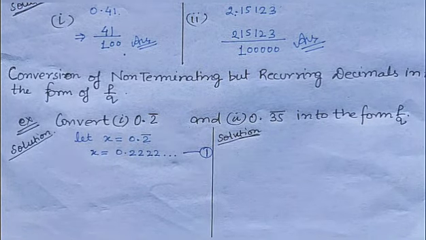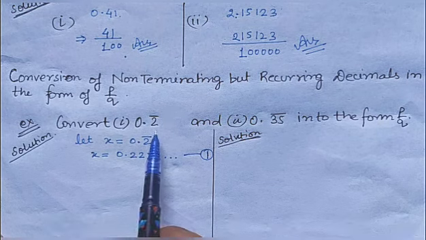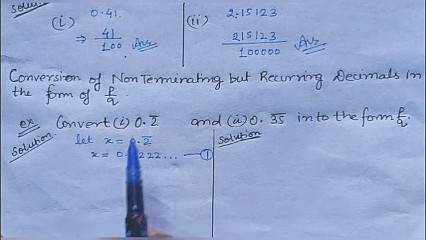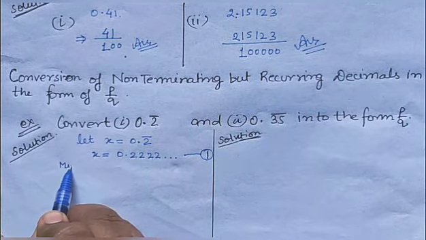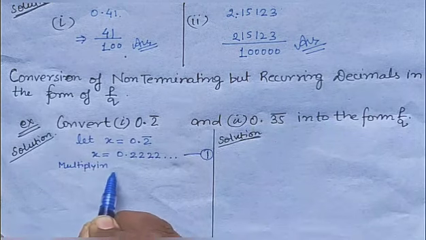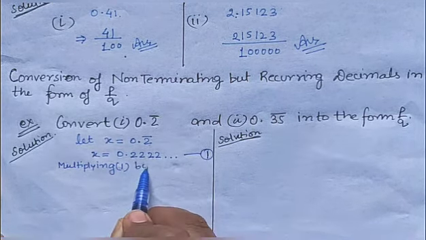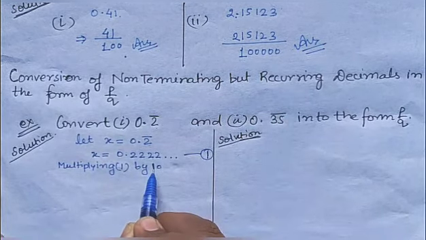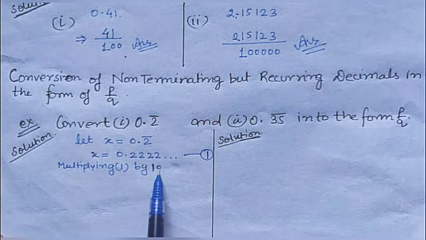After that you have to see how many digits are getting repeated, means only 2 is there, which is getting repeated. So you have to multiply the first equation by 10. Why are we multiplying it by 10?